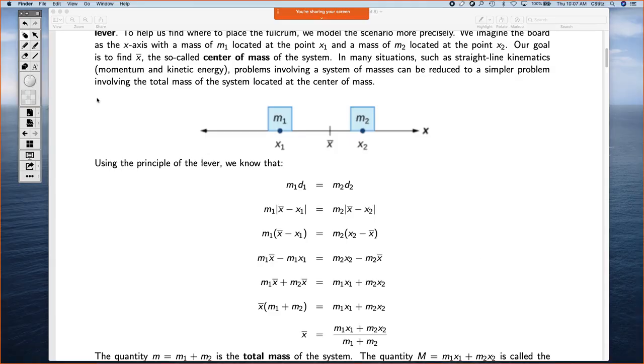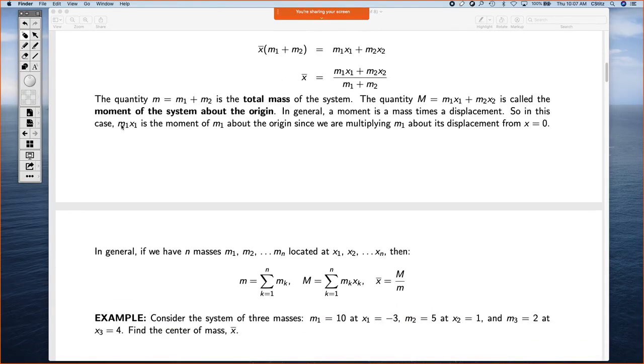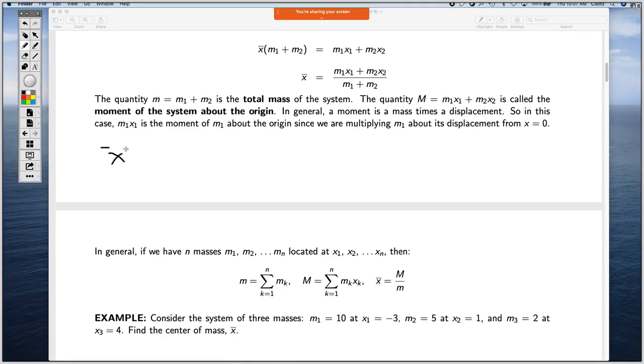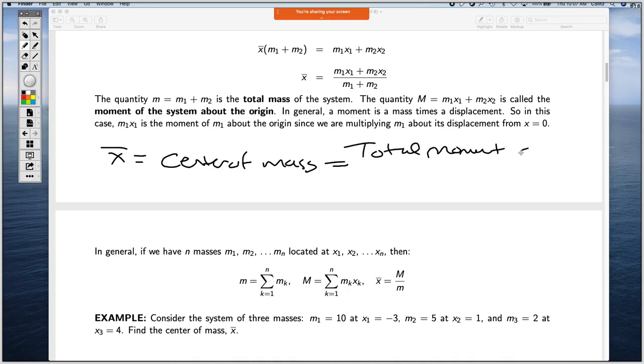So the way to get the x bar here is called the center of mass. And once again, you can think of that's the total moment about the origin over the total mass.